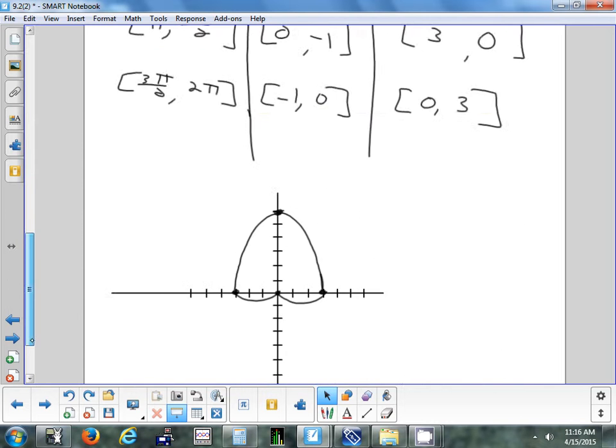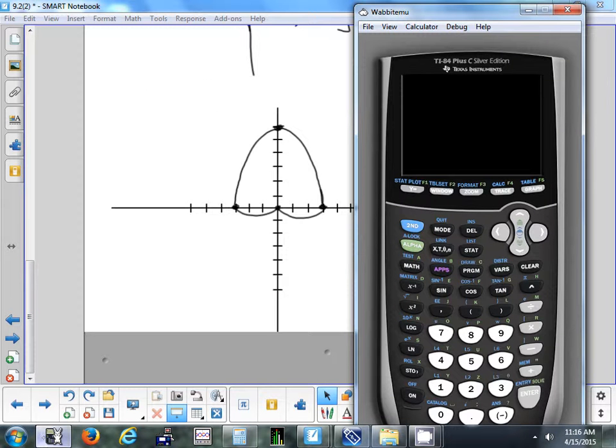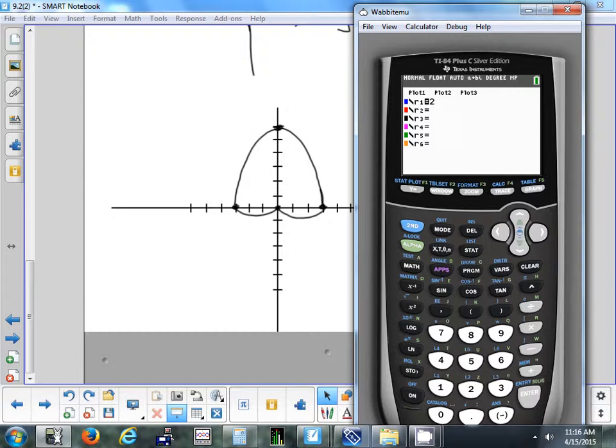Let's sketch 3 plus 3 sine theta. So 3 plus 3 sine theta. You can do zoom 6. Remember, this is not going to be proportional. Okay, if you want it proportional, you should do zoom square, or set your window up so it's in a ratio of 1.6.